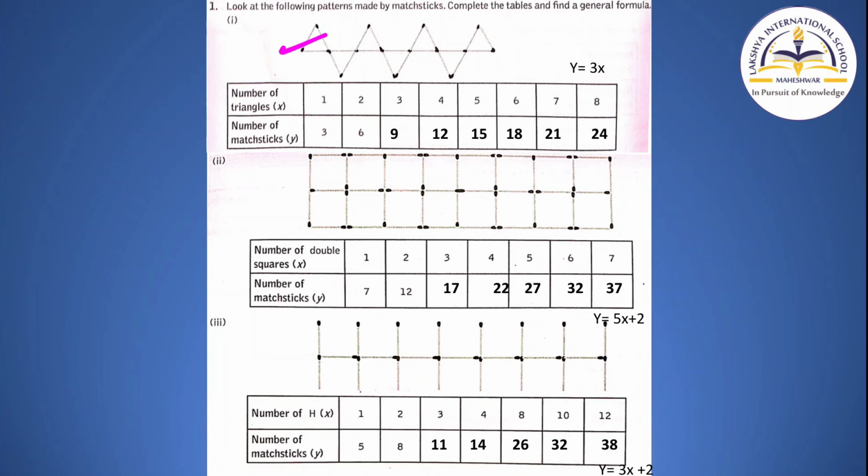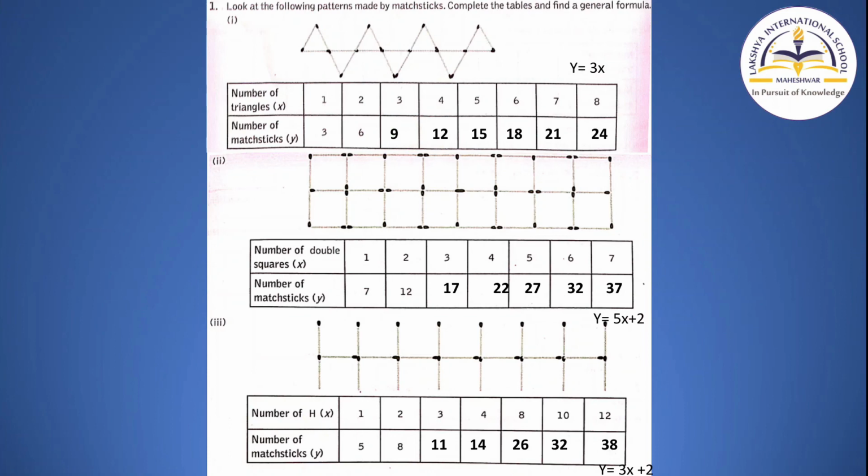So for the first triangle, how many matchsticks do we need? 3. 1 2 3. Now for 2, 4 5 6. For the third one, 7 8 9. Now for the fourth one, here we have written 9. Now 10 11 12. So 12, then 15, then 18, then 21, then 24.